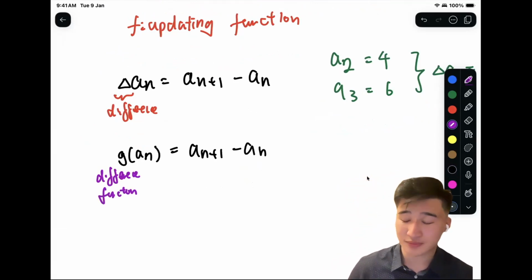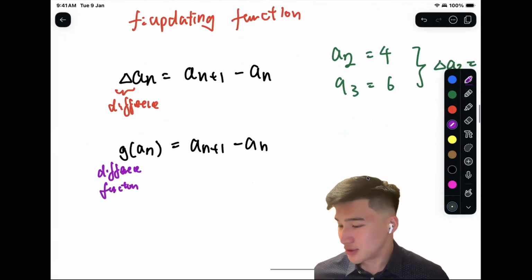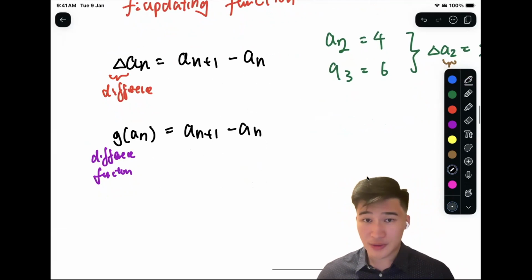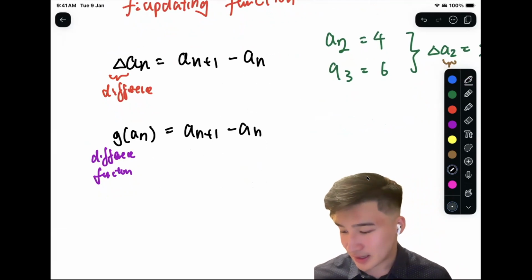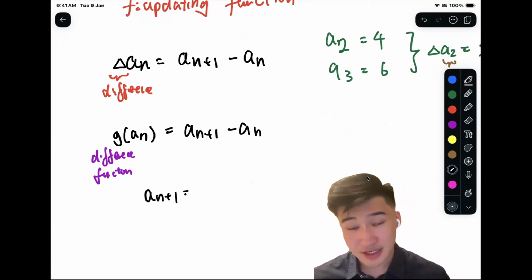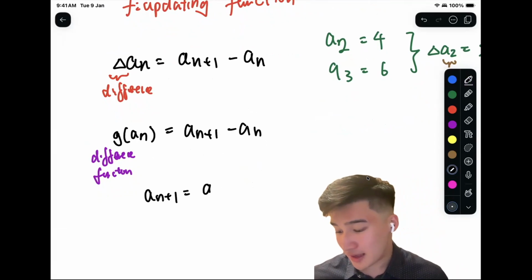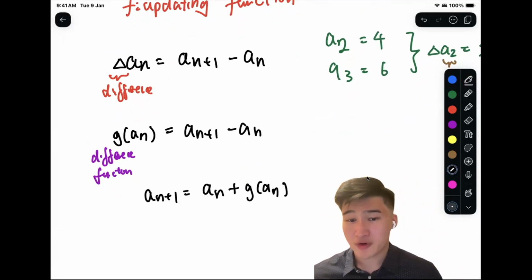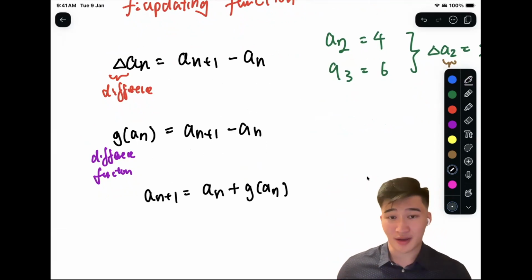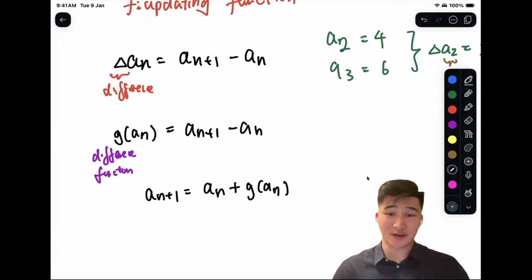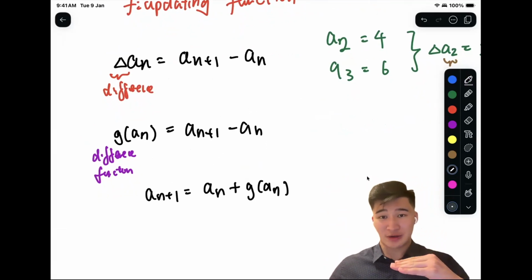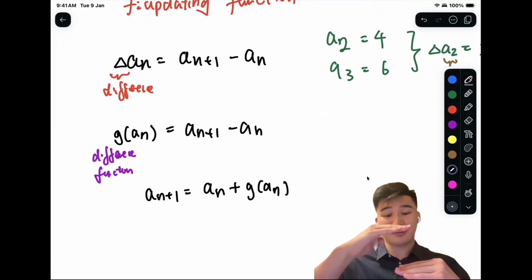So moving forward, if we do some manipulation, we can see that a(n+1) is actually equal to our a(n) plus our g(a(n)), which makes perfect sense because think about it. In order to get to our next term, we need to have our current term in addition to our current distance, our difference as well.